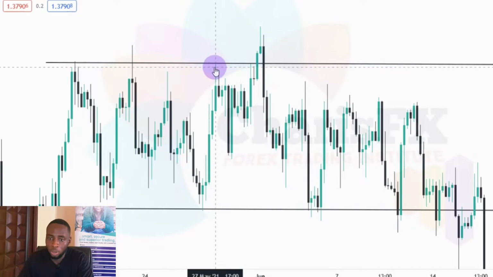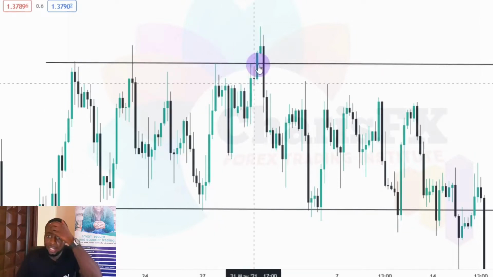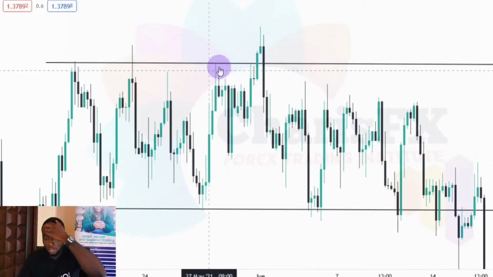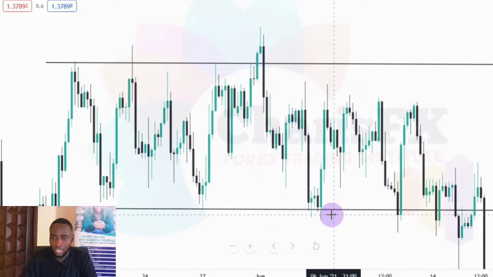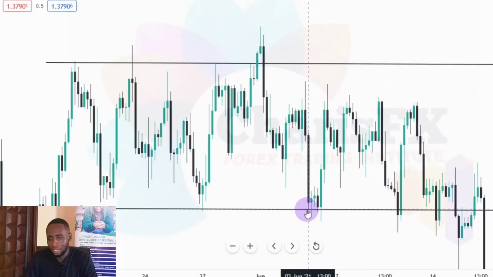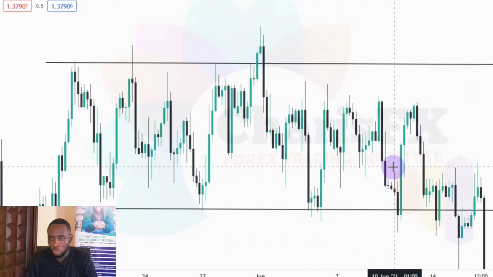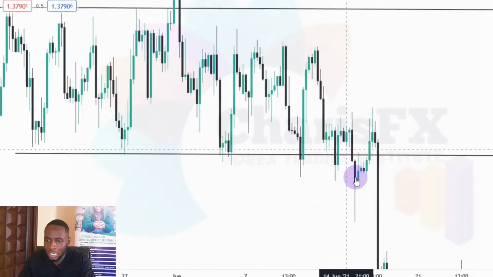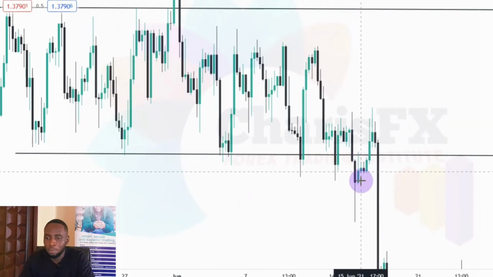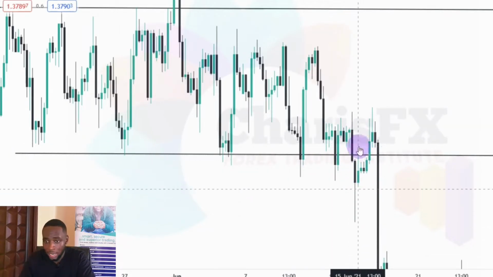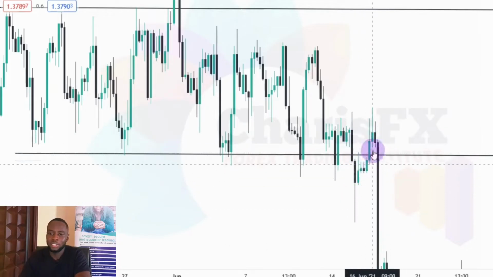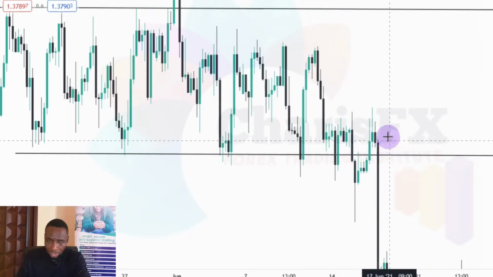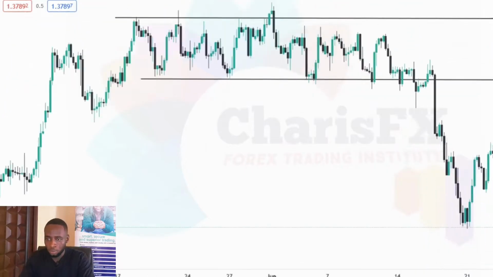Okay, price went up, found resistance here, broke the resistance line, but not significantly. Price came, found support at the support line here. So price has been in this range until we now see price came and broke the support line here significantly. It broke the line and traded away, and then came back and retested that support, and then we saw that move.